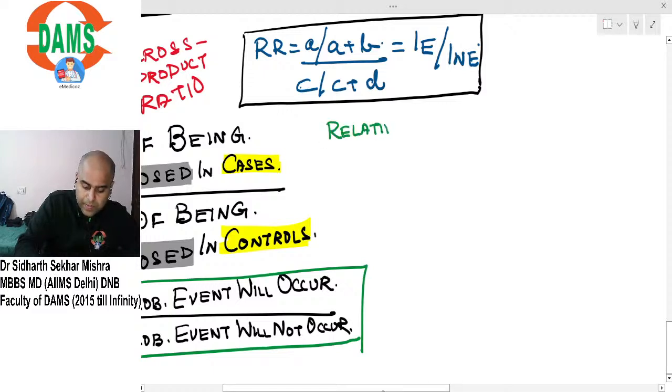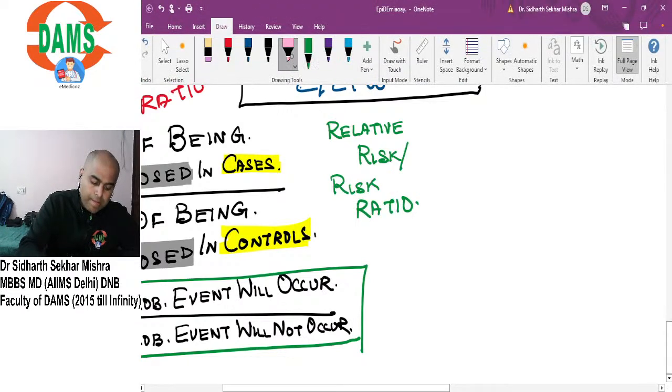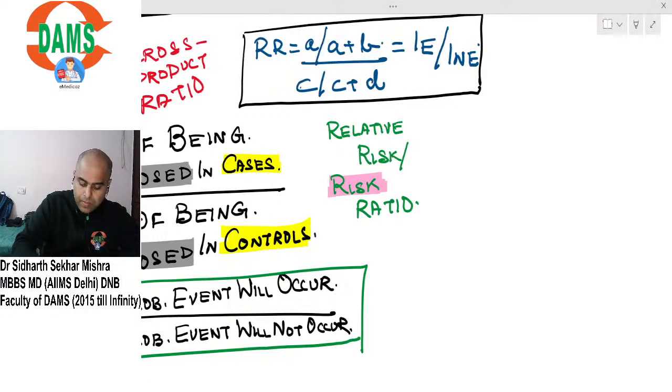Relative risk, the other name of relative risk is risk ratio. Now, again, in the exam, they prefer to ask you to calculate risk ratio, and we start thinking, what is the examiner expecting us to calculate? So what is this?